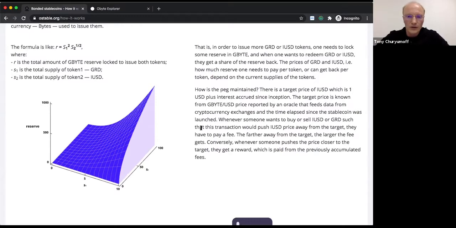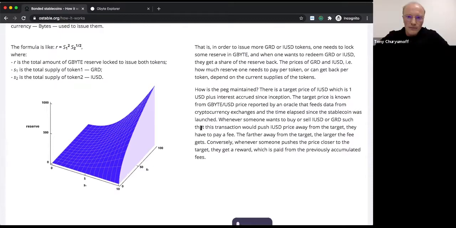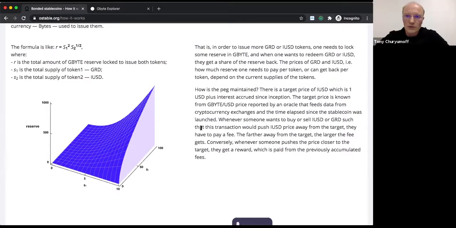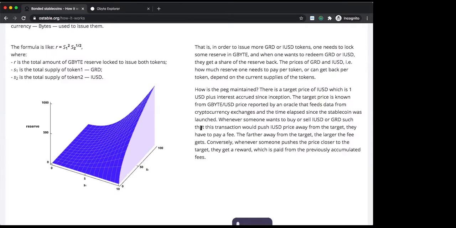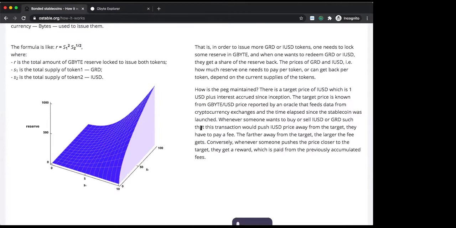So we can set any target that can be reported by an oracle. We can also add interest to this target, which we did, and thus we created interest tokens. We also call them stable plus coins. Those are stable coins that also earn interest on top of a stable value.